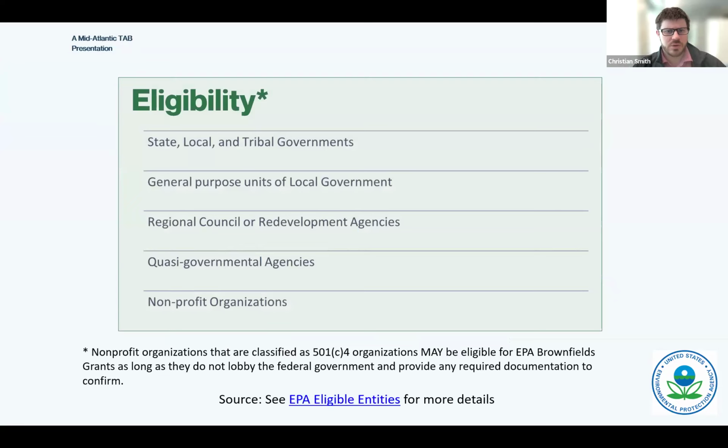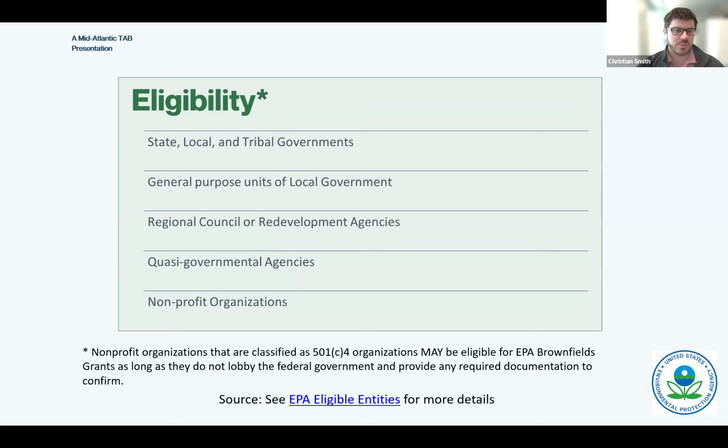Next slide. So eligibility, who's eligible to apply for grants: state and local tribal governments, general purpose units of local government, regional councils, redevelopment agencies, quasi-governmental agencies, and nonprofit agencies. Typically, we're looking for some sort of community-based organization where there's going to be some sort of public benefit.